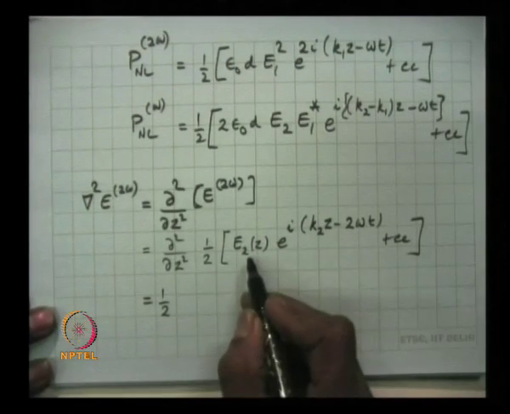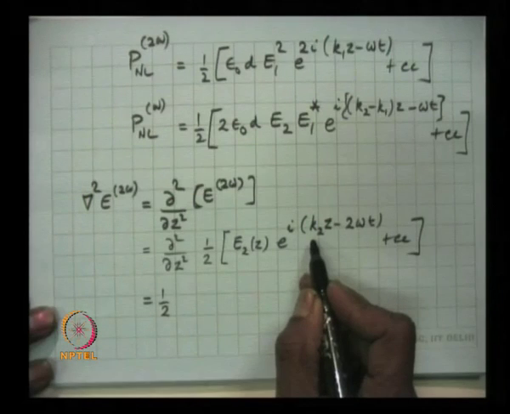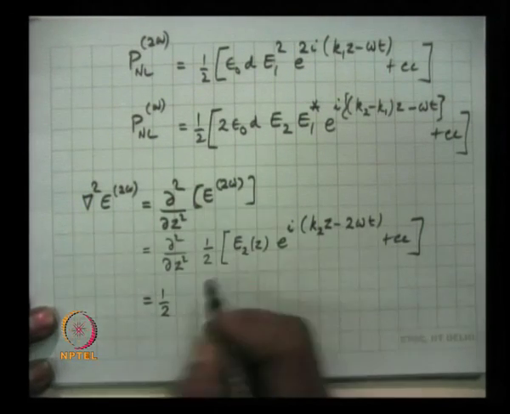Now, there is a z dependence in E 2, there is a z dependence in the exponential i k 2 z. Okay, so, this is simple calculation.